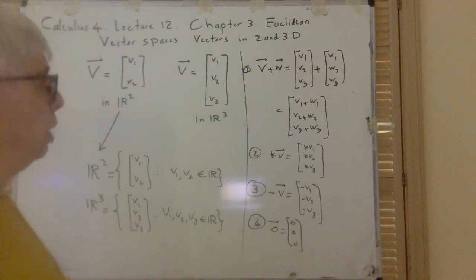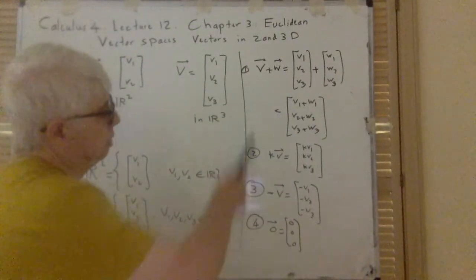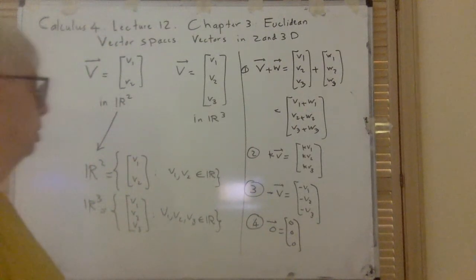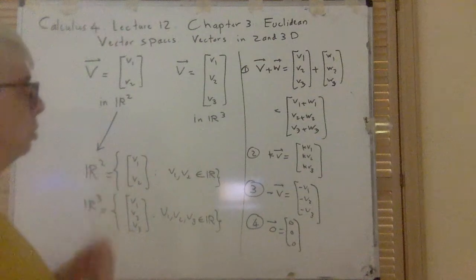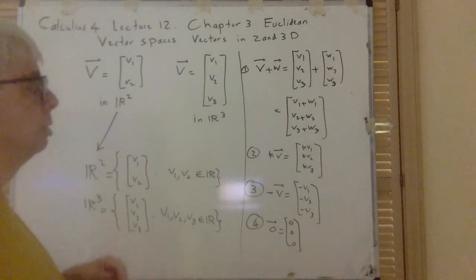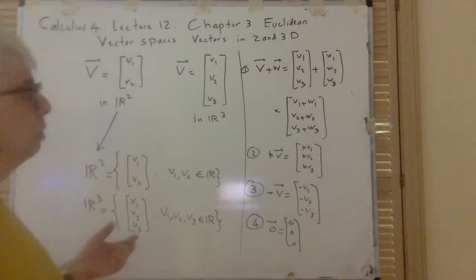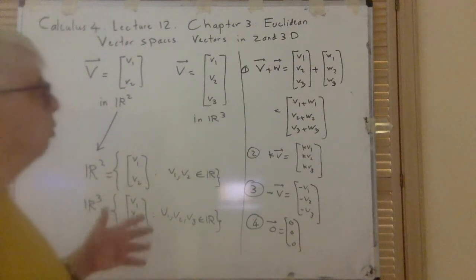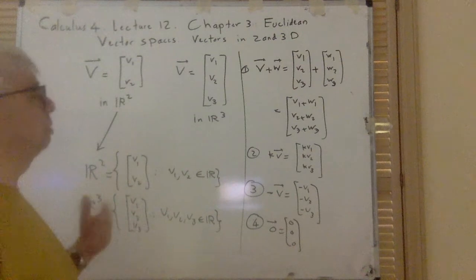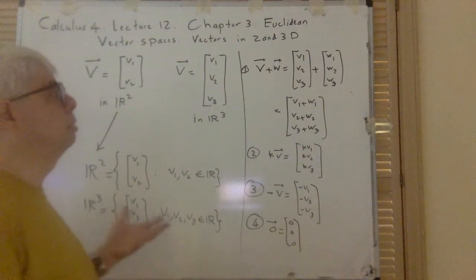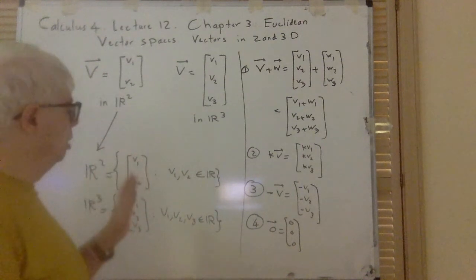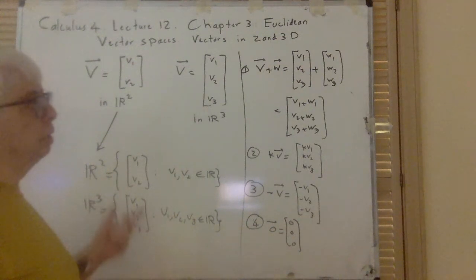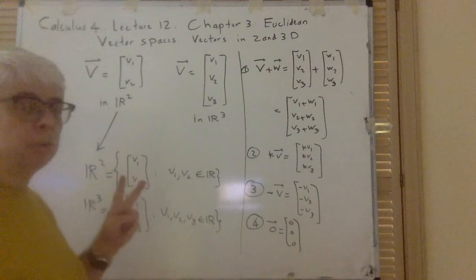So with these 4 definitions, we have in fact given R3 or R2 a certain structure, and that structure is called a vector space. What does it mean to give a set some structure? When we define certain operations on a set, in our case we have defined two operations.